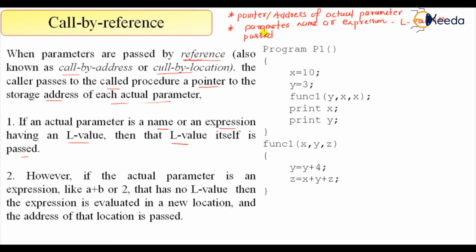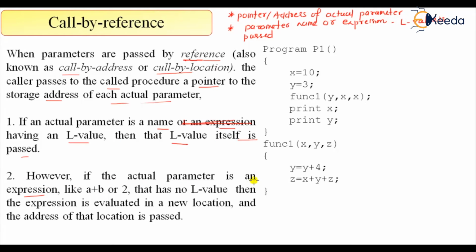But what happens in the other case? Let's cut this statement up. If the actual parameter is a name having an L value, then the L value itself is passed.